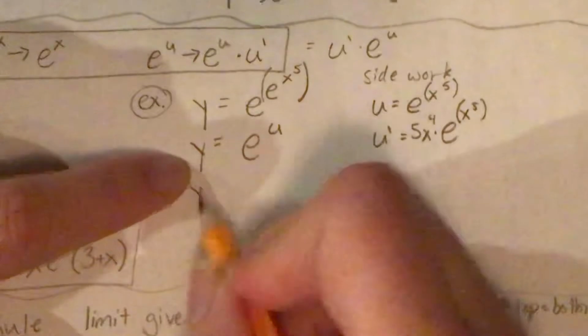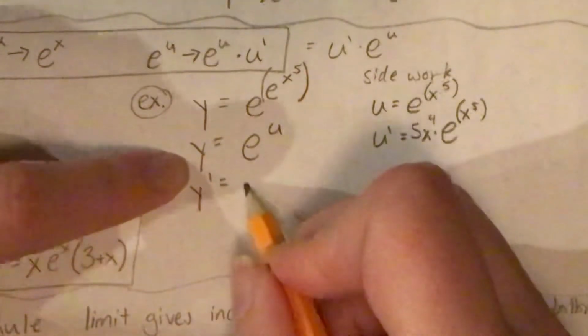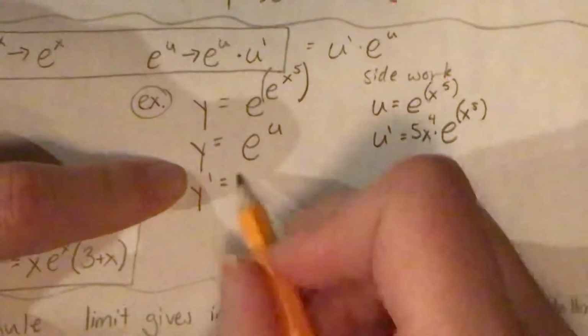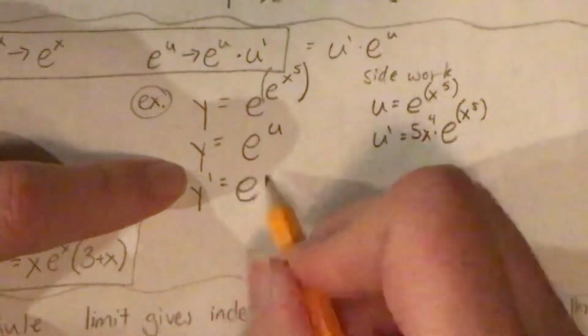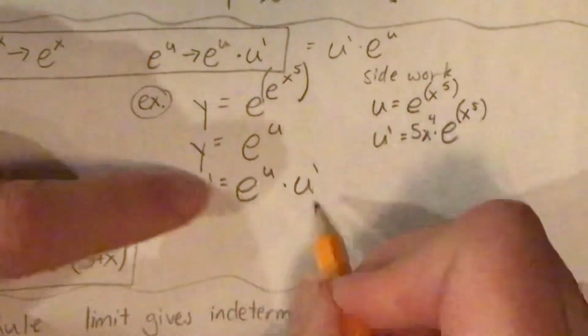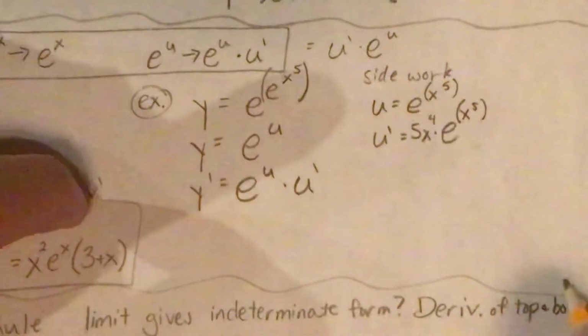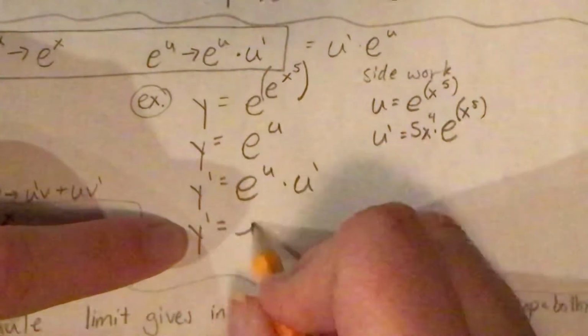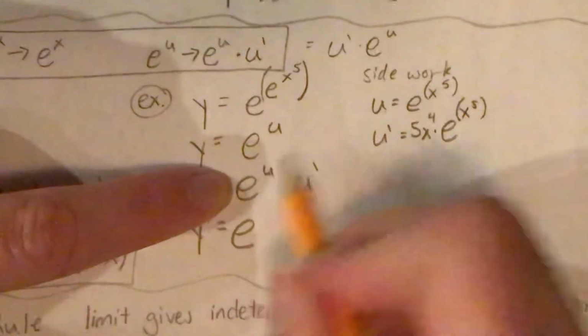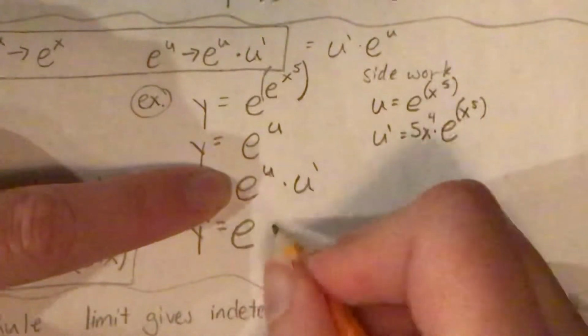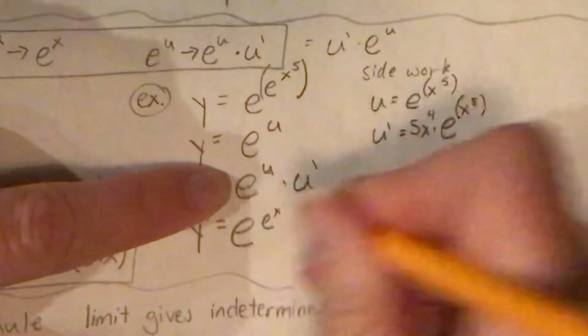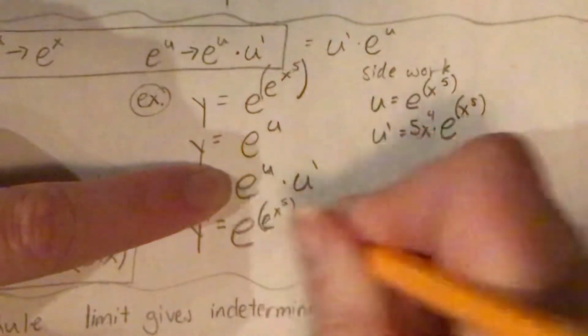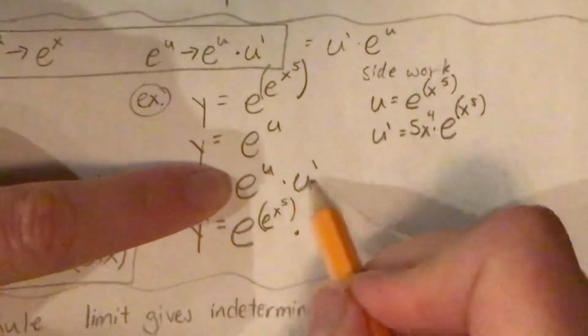Y prime is, you can put the u prime first or last, it doesn't really matter. I'm going to put e to the u times u prime. This is literally just the rule rewritten. And now let's substitute in. Y prime equals e to the u. U is e to the x to the fifth, times u prime.